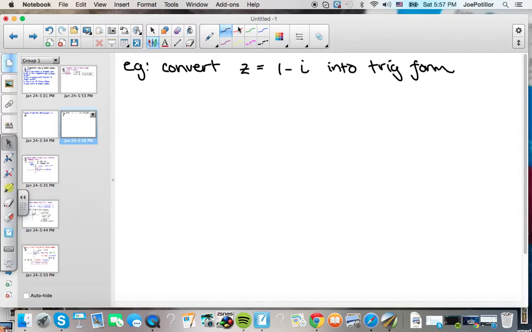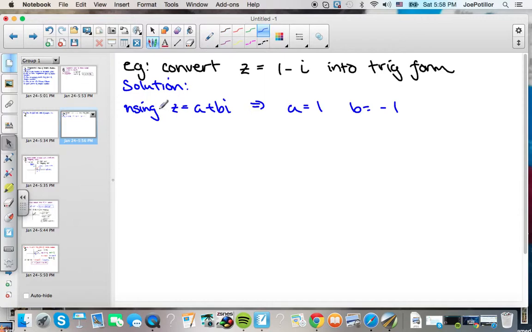Okay. So first we need to identify a and b. We know that a is equal to 1, b is equal to -1, and so we want to solve for its modulus.